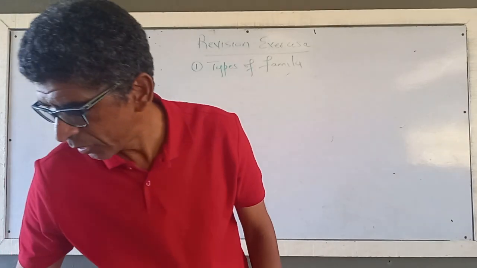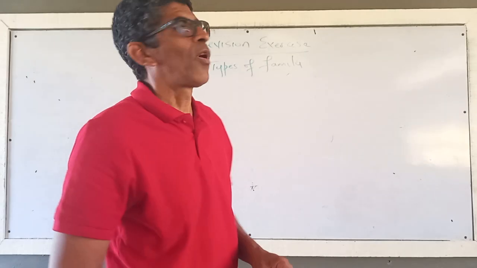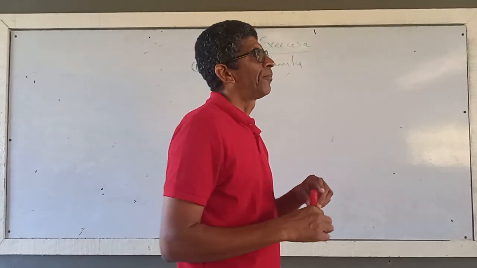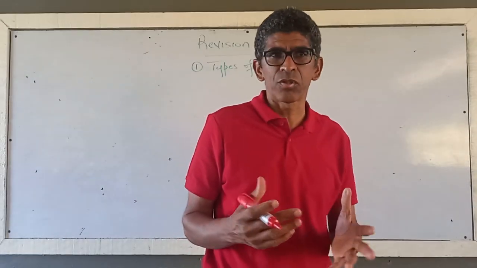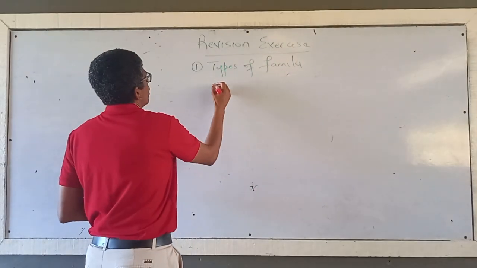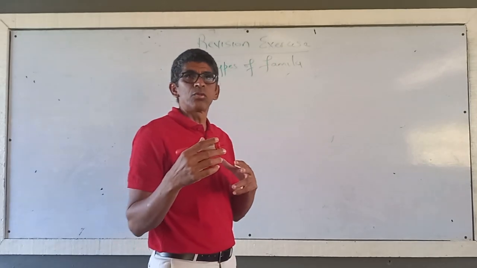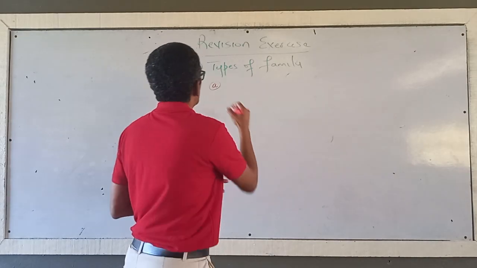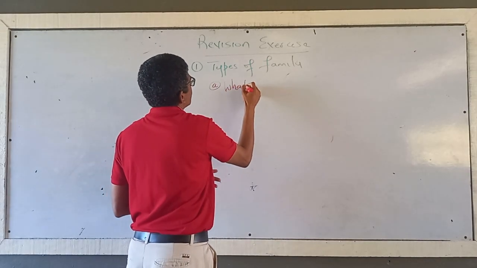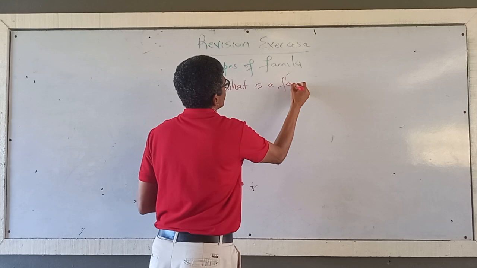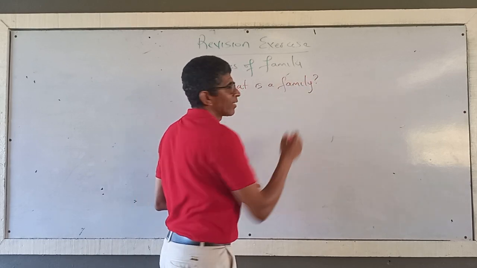In looking at the types of family, we have to identify at least three key terms. Okay? So, the first key term I want us to remember and to bear in mind is, what is a family? What is a family?